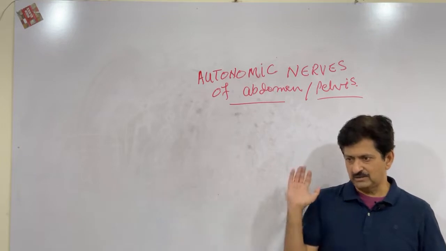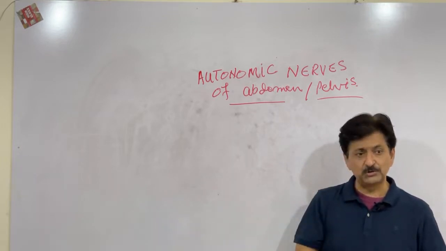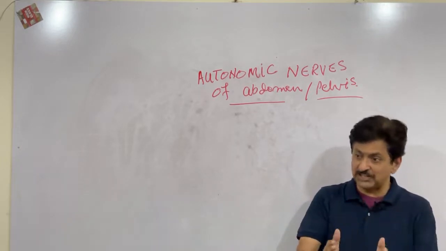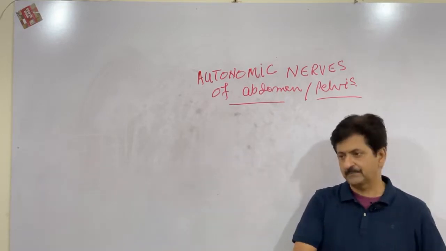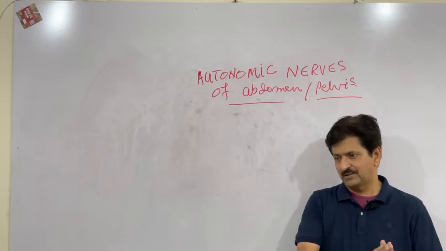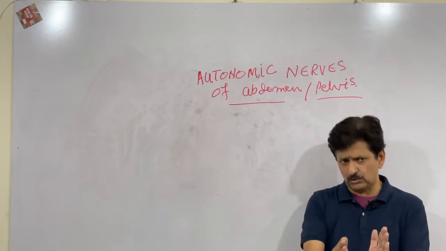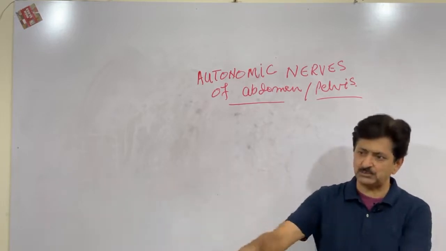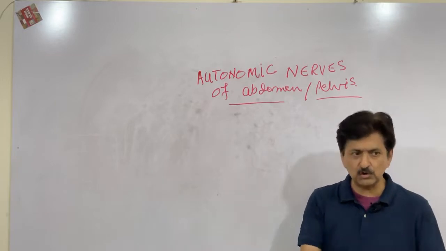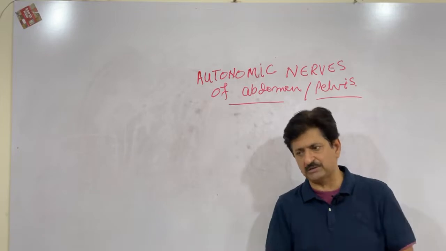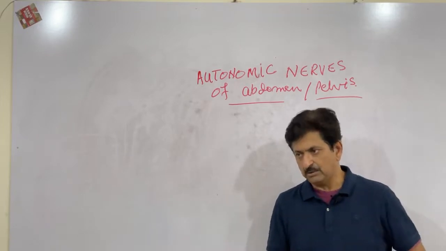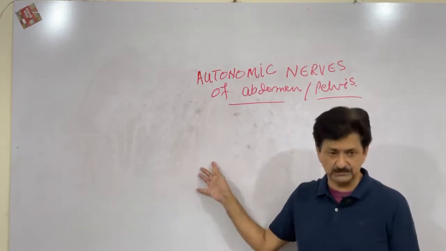Like the renin, angiotensin, aldosterone system: renin is very quick, angiotensin a little slower, and aldosterone is the last one. So the neurological and the hormonal control should be coordinated with each other. But we are discussing here the neurological structures.